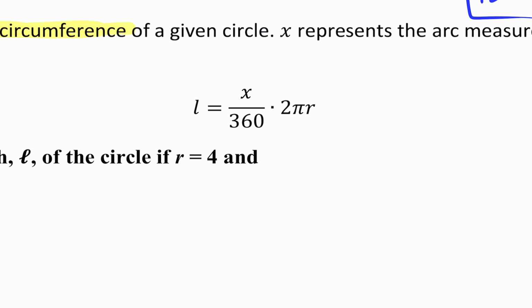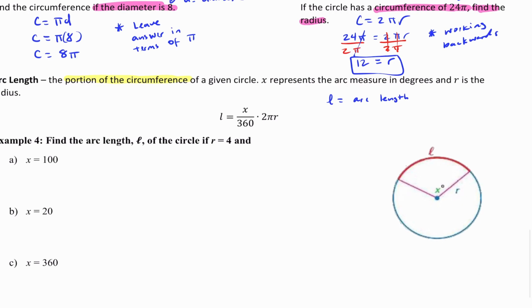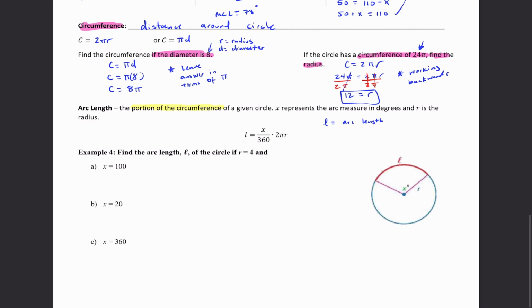It is L equals x over 360 times 2 pi r. Now L represents the arc length, and again x represents the arc measure, and r is the radius. So we're going to use this generic picture, and we have some given information here.